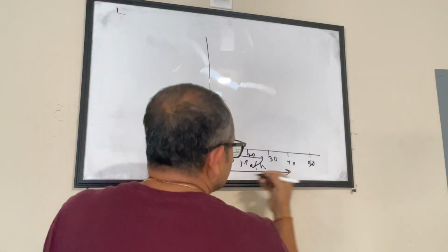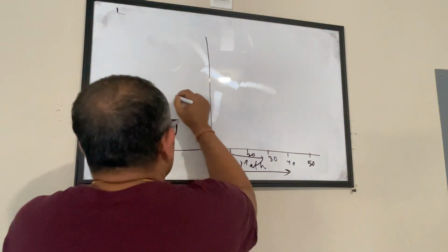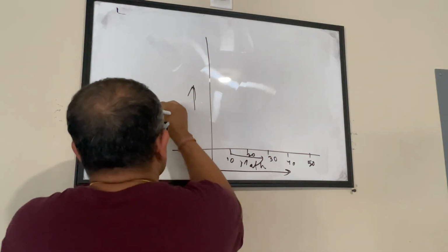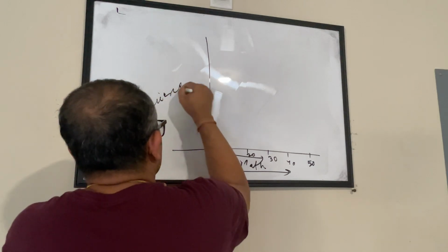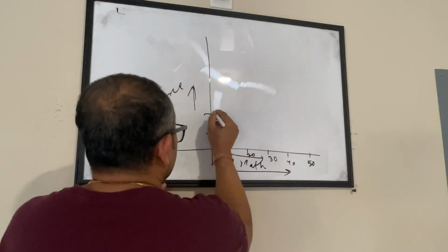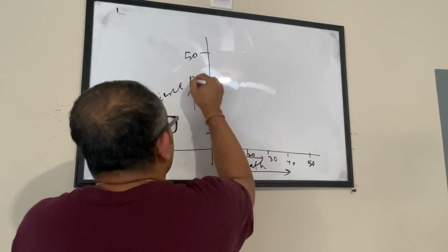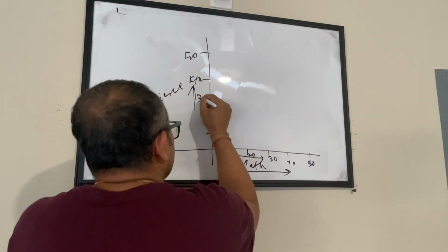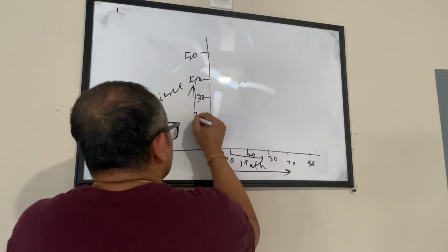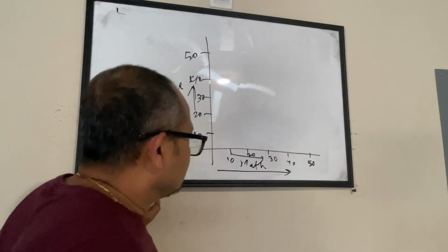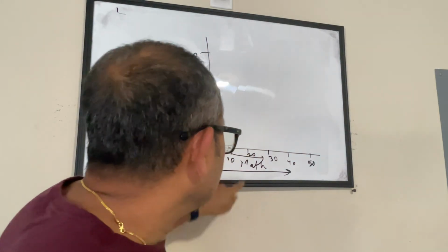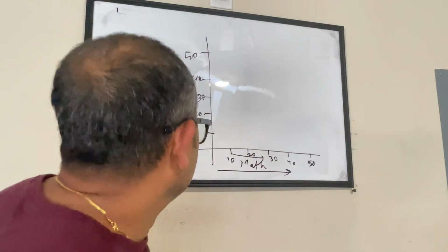On the horizontal axis I am putting math score, and on the vertical axis science score. One child got 20 in math, 30 in science.